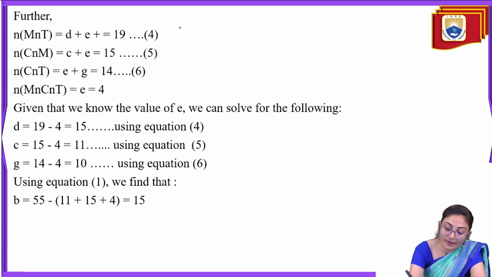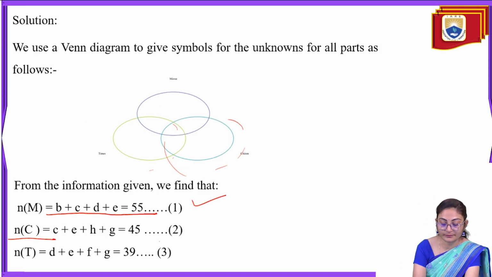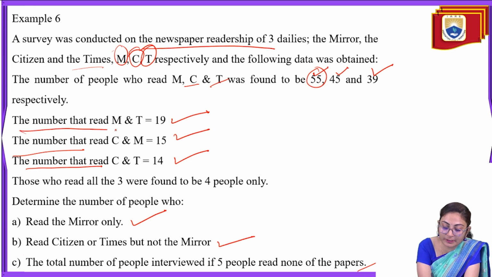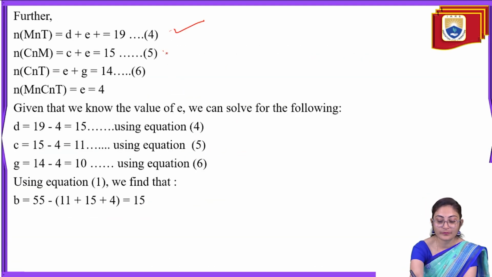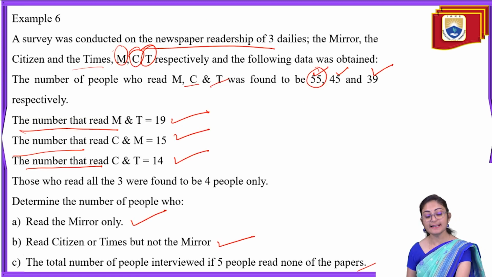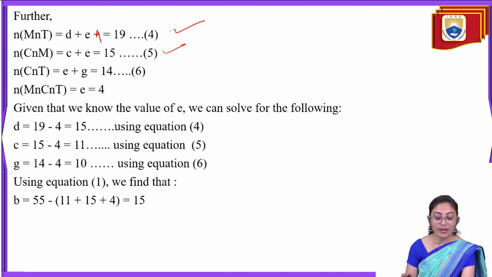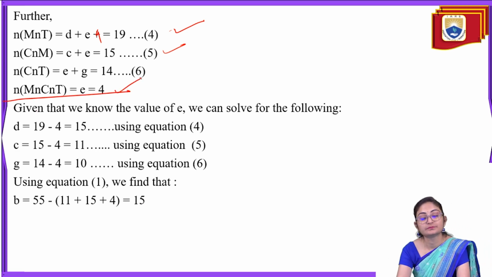Then N of M intersection T, that is 19. They have given the number that read M and T, that is 19. Then the number that read Citizen and Mirror, that is 15. Then the number that read Citizen and Times, that is 14. And all 3, that is 4.